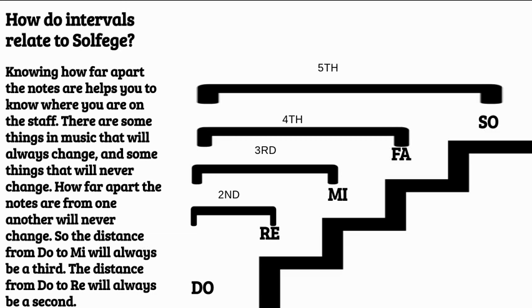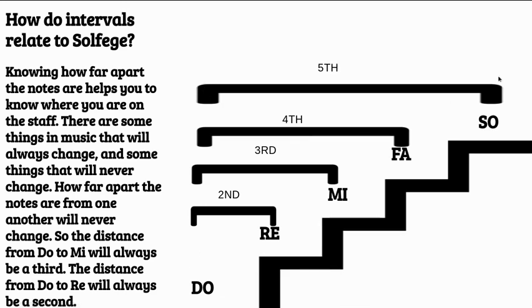Knowing how far apart things are helps you to know where you are on the staff. Some things always change and some things never change. The distance from do to re is always going to be a second. The distance from do to mi is always going to be a third. The distance from do to fa is always going to be a fourth.